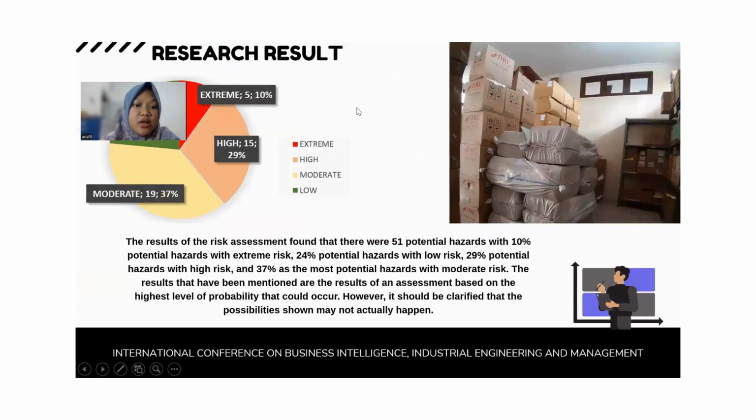Okay, the result of the risk assessment found that there were 51 potential hazards, with 10% of potential hazards with extreme risk, and then 24% with low risk, and 29% with high risk, and 37% as the most potential hazards with moderate risk.